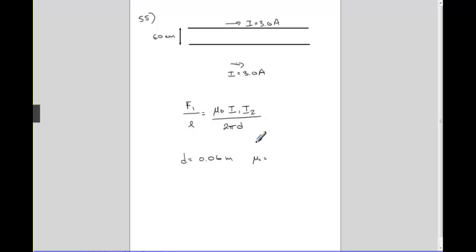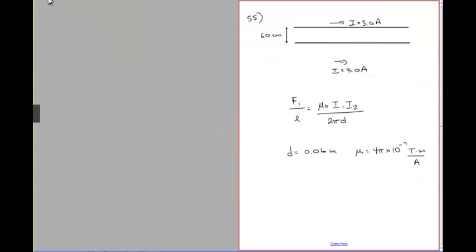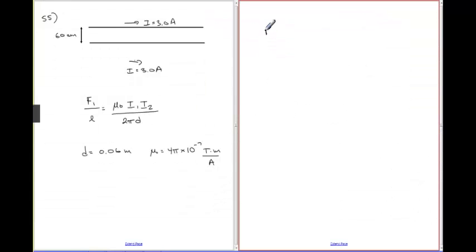And if you go to page 644, there's an example, and the answer is 4 pi times 10 to the minus 7, and the units are Tesla meters per amp. So now it's just a simple matter of substituting in the numbers that we know.